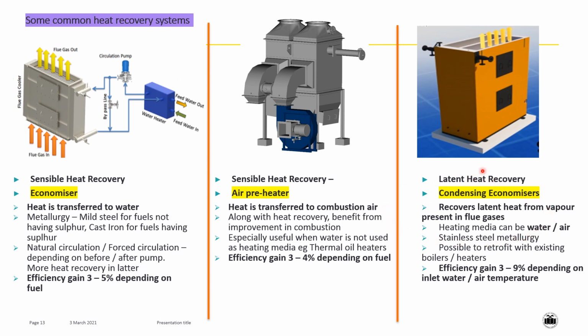Here, the technology is developed to recover that latent heat available in the vapors in the flue gases, and it can be used for heating water as well as air. Efficiency gain of 3 to 9% in plant efficiency can be obtained depending upon inlet air temperatures.